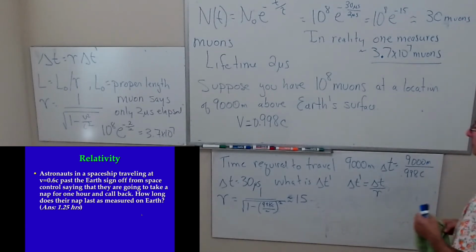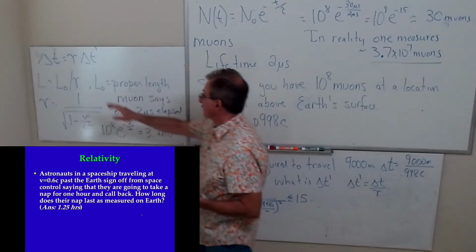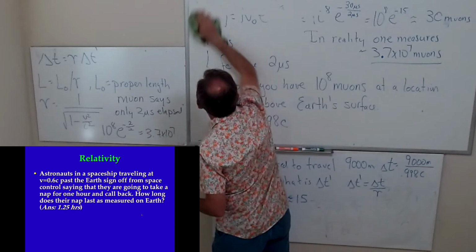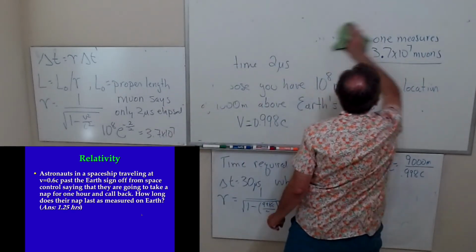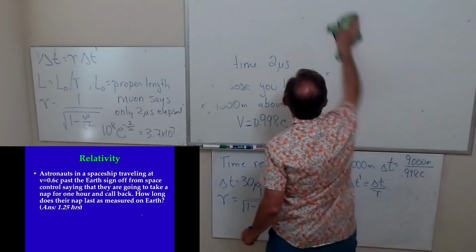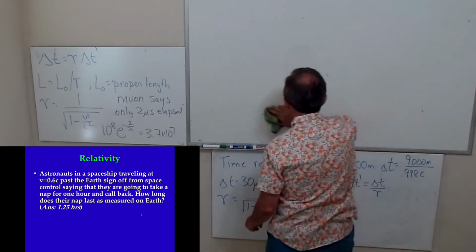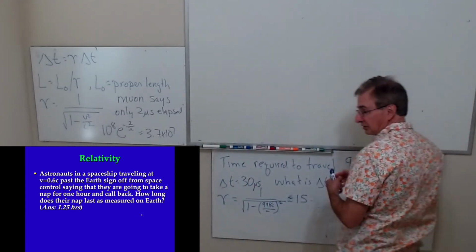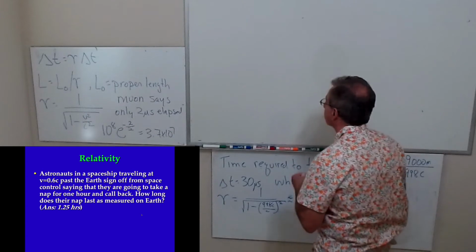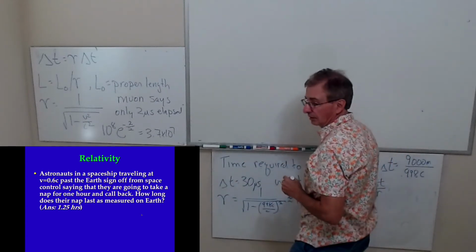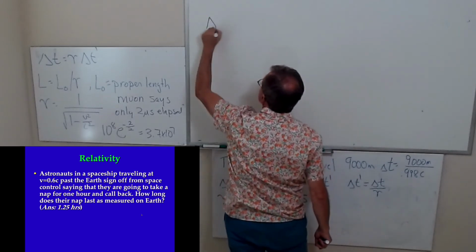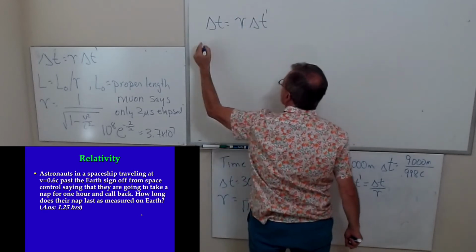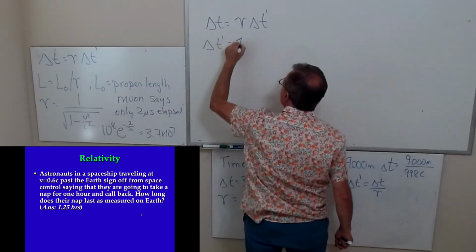They're the moving frame, which means that their 1 hour is T prime. So how much time elapses according to us? Because we're the stationary. They're moving relative to us. Okay. So we're going to use the equation delta t equals gamma delta t prime. We're given that delta t prime is 1 hour.